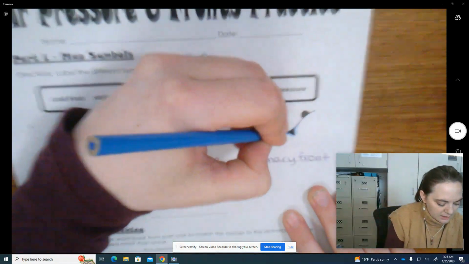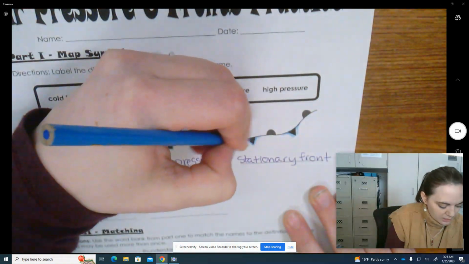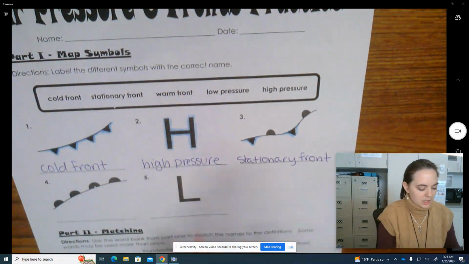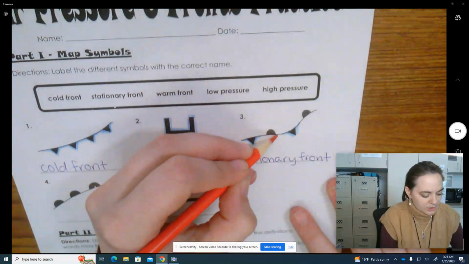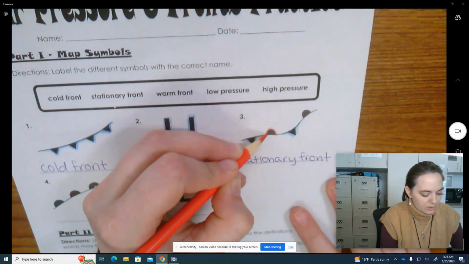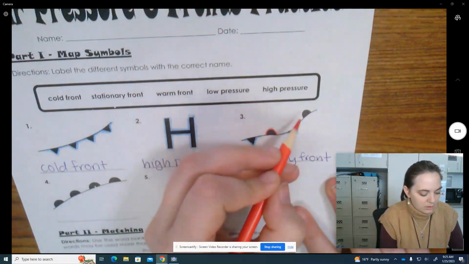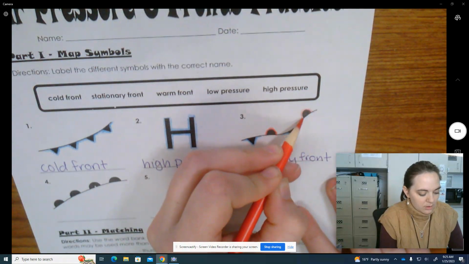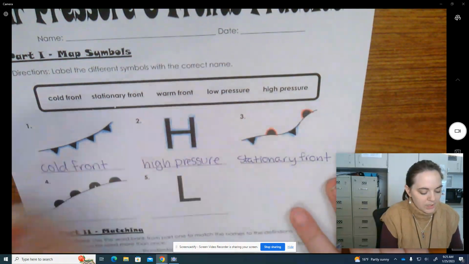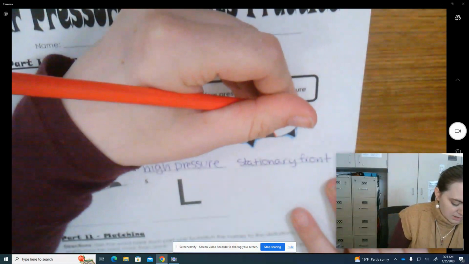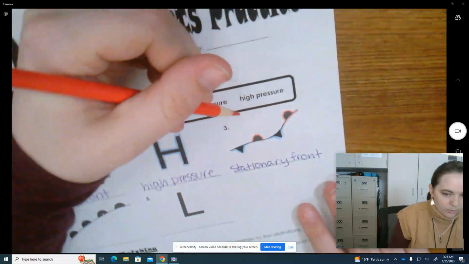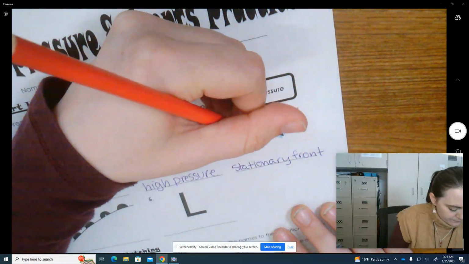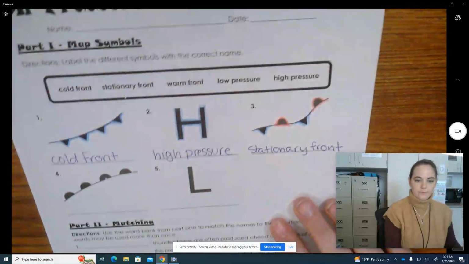And then you take your red one, and you're going to shade in the red. When it's rounded like that, it means that it is red or warm.